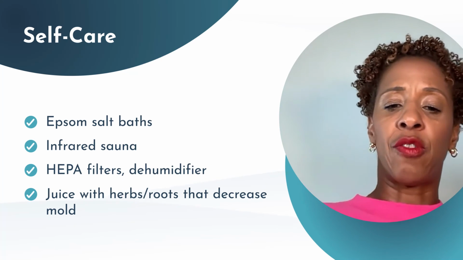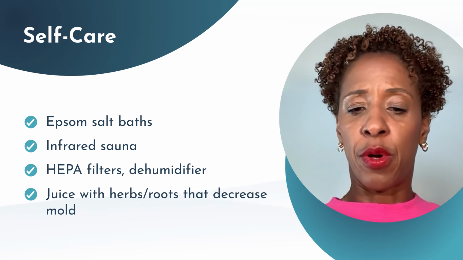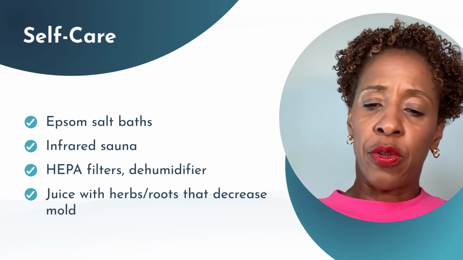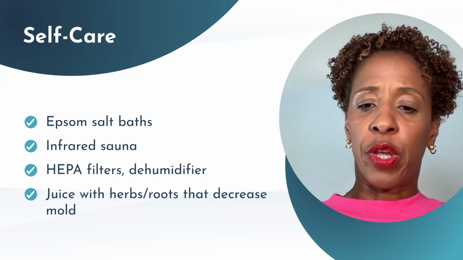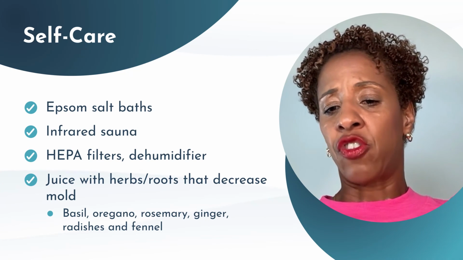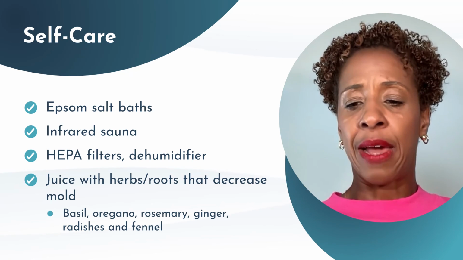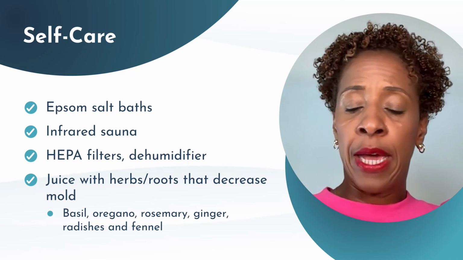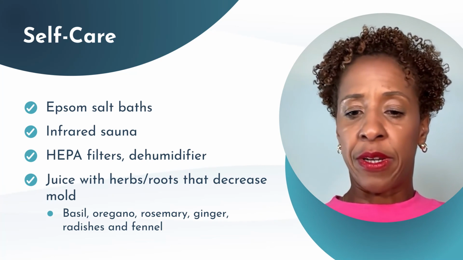And so he has a whole protocol you can look at in his book, The Brain Saver protocol, and it's called the Brain Shot Therapy for Mold Exposure. And it has basil, oregano, rosemary, ginger, radishes, and fennel. And all of these have fungal activity that is really helpful for helping to clear the mold.